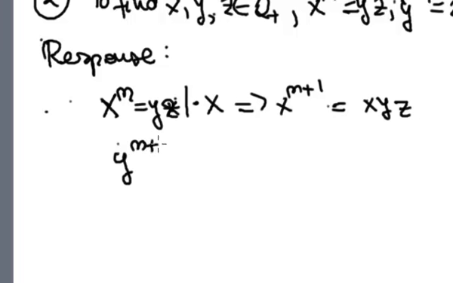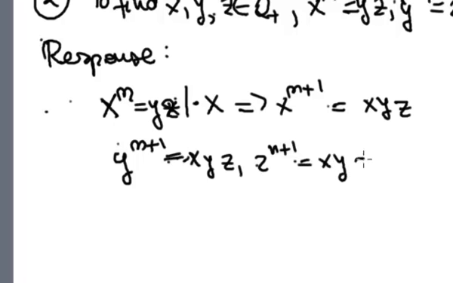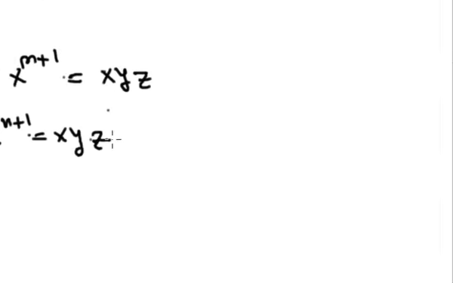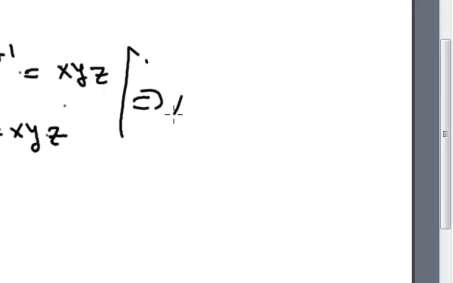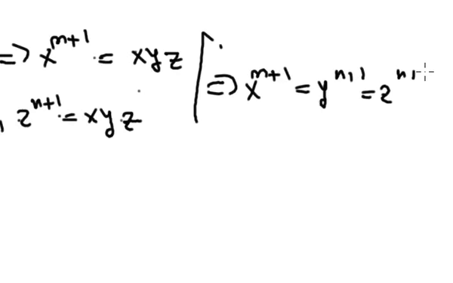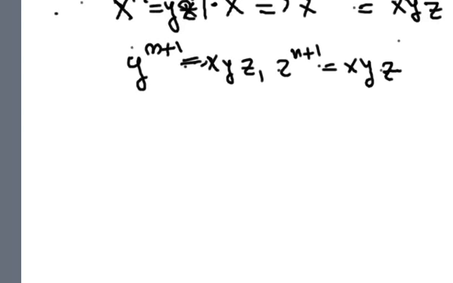Also, it holds the next two relations, and we can deduce that x^(n+1) equals y^(n+1) equals z^(n+1). From that, we deduce immediately that x equals y equals z.